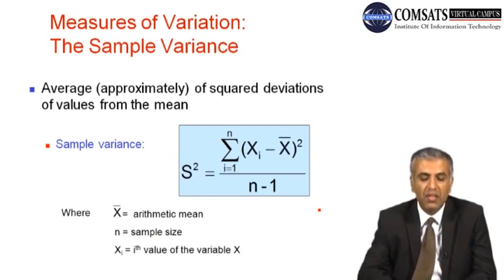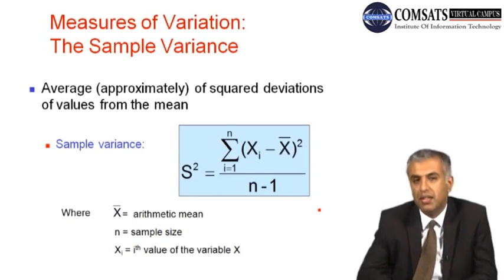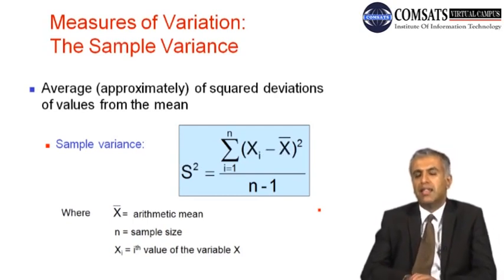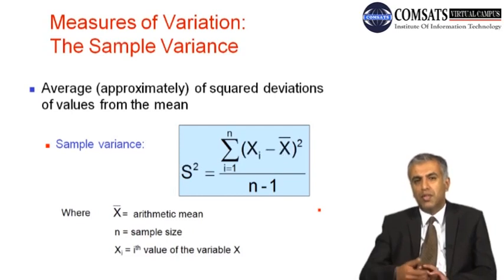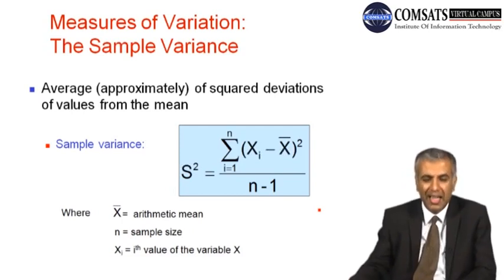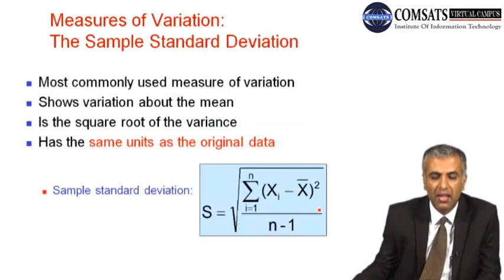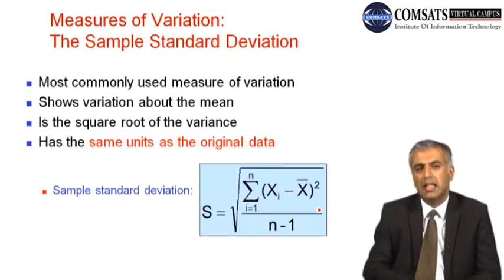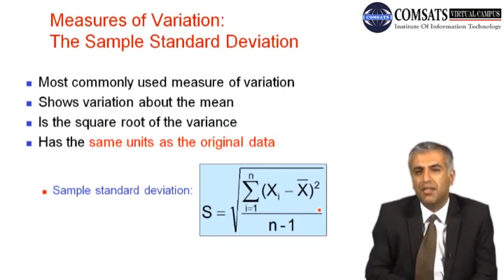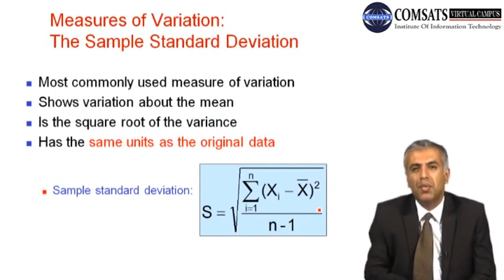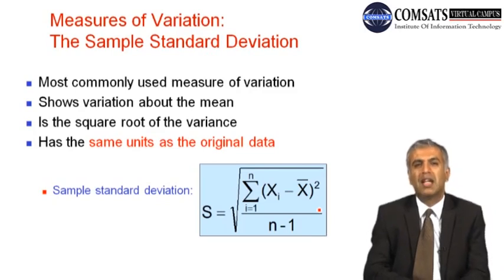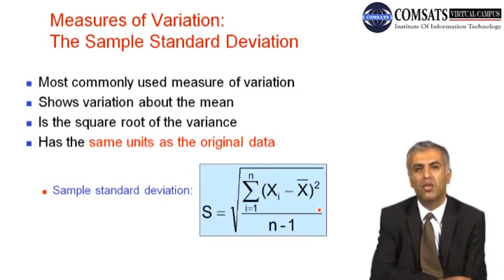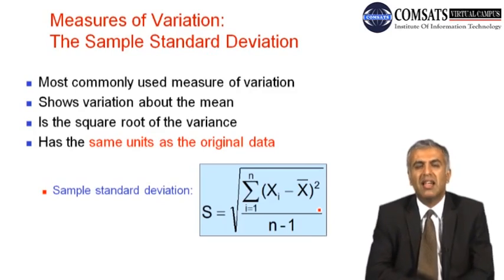So sample variance is represented through this formula, and it just tells us how much variance there is in the data. It does not have any specific end limit, I would say. When we are calculating the variance, it can end up being any number, so there's no specific end limit here.